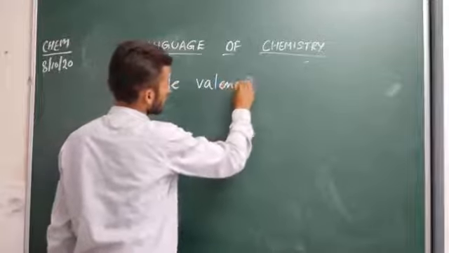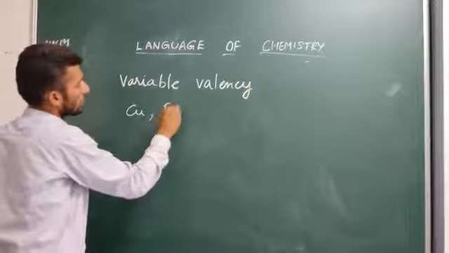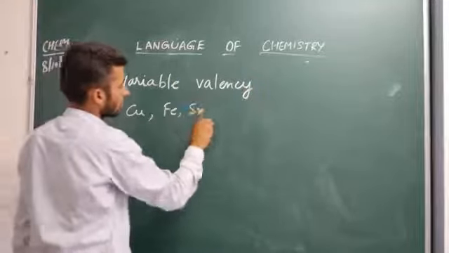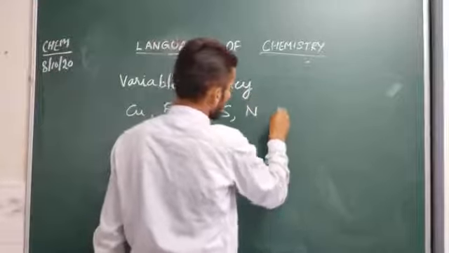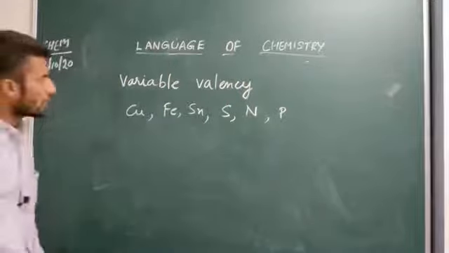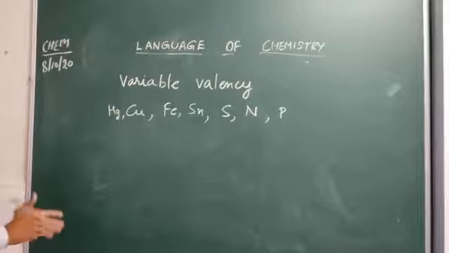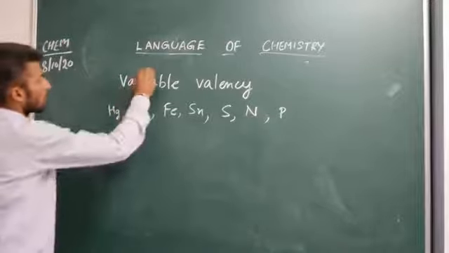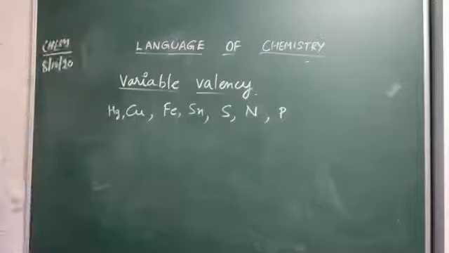There are some elements like copper, iron, tin, sulfur, nitrogen, phosphorus, and many more whose valency changes, and such a trend in the valency is said to be variable valency. That phenomenon is known as variable valency.